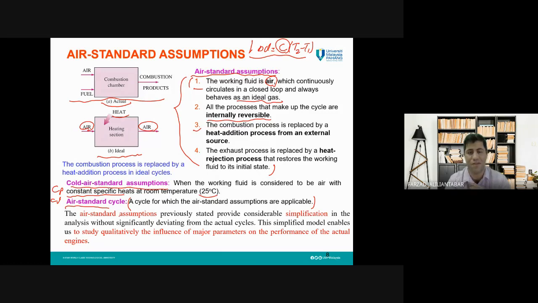So you can see these devices were invented 100-plus years ago, but they are still reliable. They have improved a lot. And why are they important? Because they can provide lots of energy and power for us to run a car.